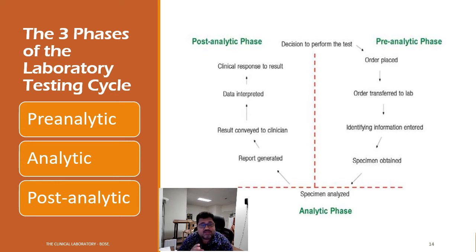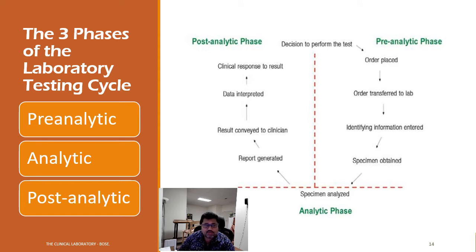This cycle consists primarily of three different stages: the pre-analytic phase, then the analytic phase, and then the post-analytic phase.